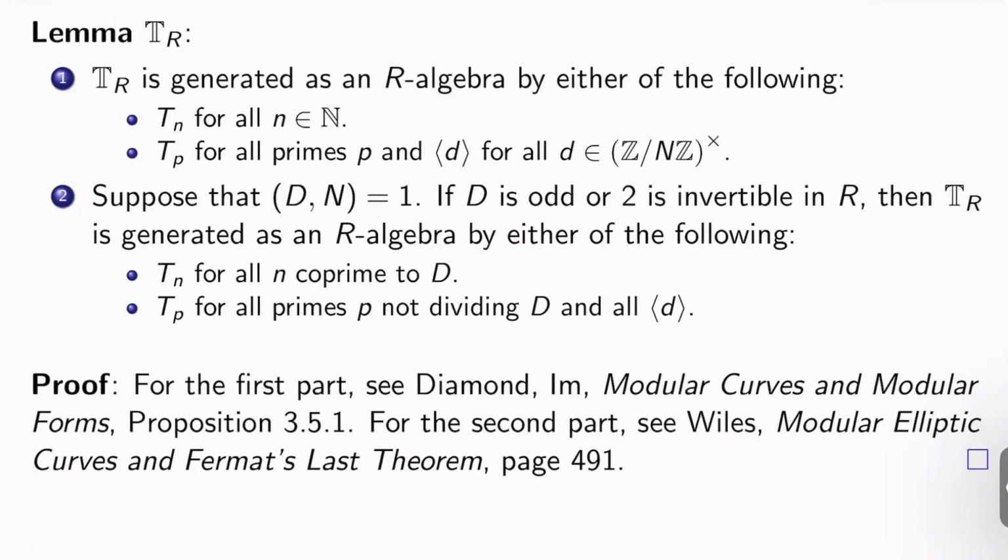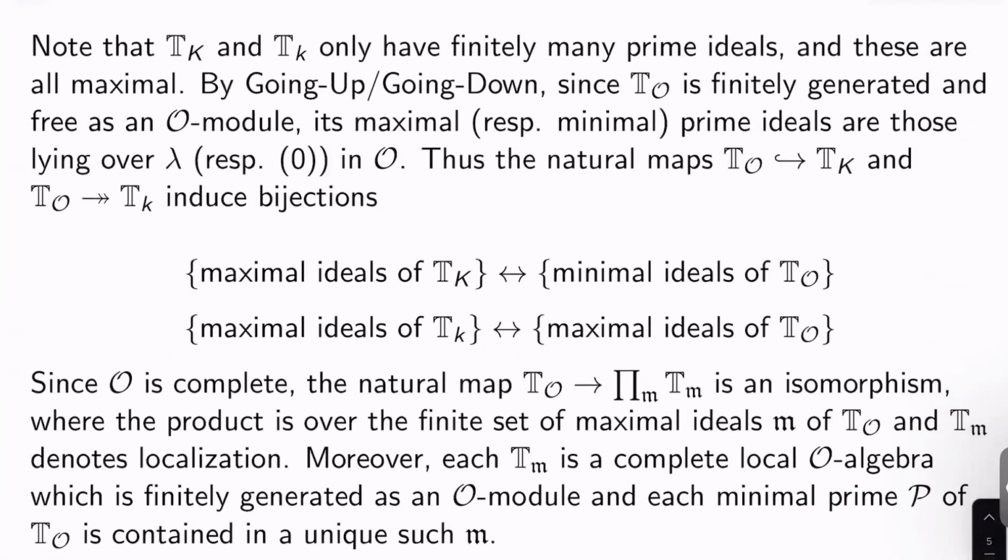although I'm sure this is proven elsewhere as well. Okay. Now, if we look at T_K and T_k, these guys only have finitely many prime ideals, and they're all maximal.